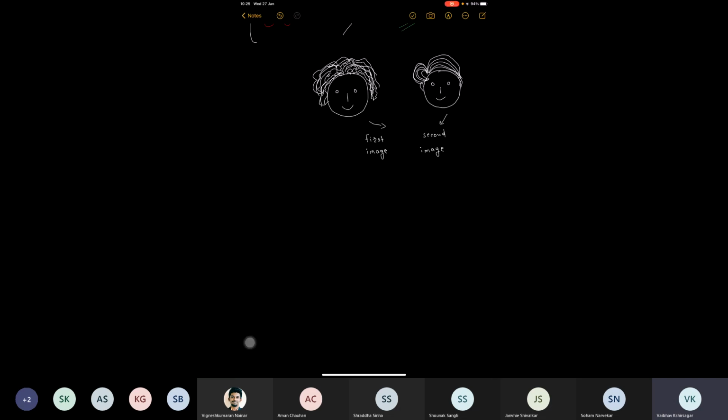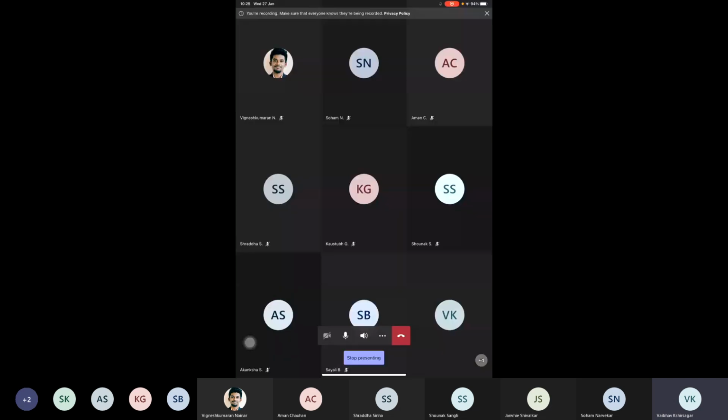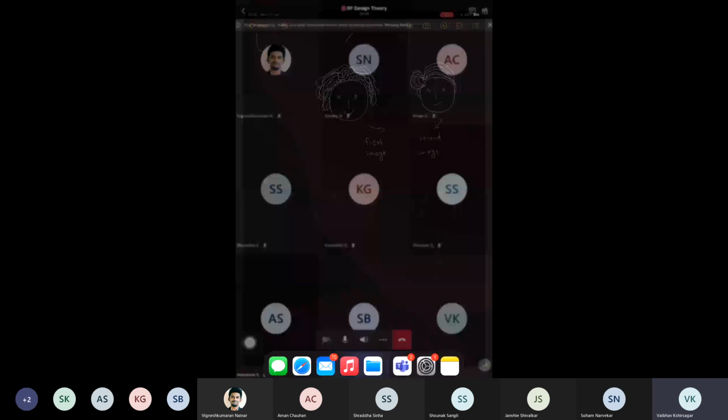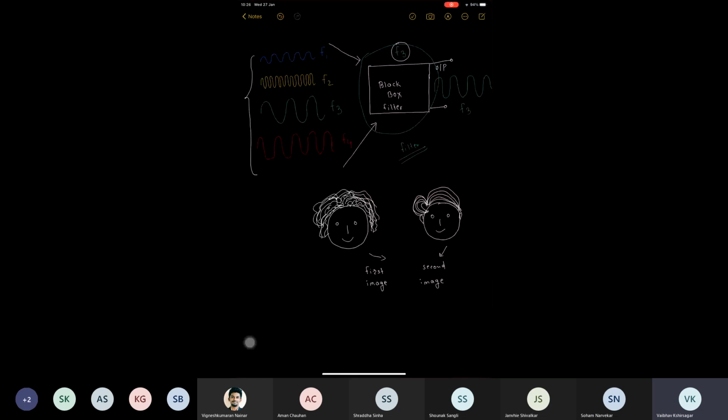By observing the faces of the person, what can you tell? Yes, anyone? Hello. Yes, student, you can respond. See, I have drawn that image over here. What is the difference between the two images?